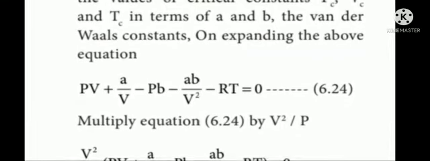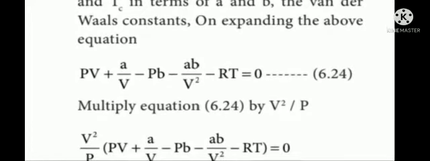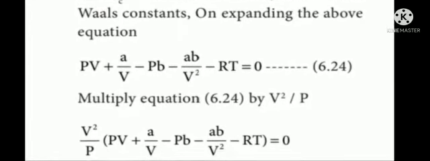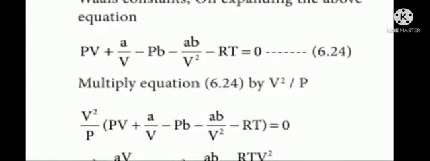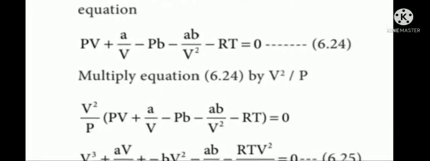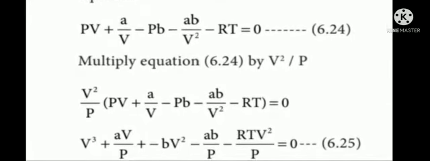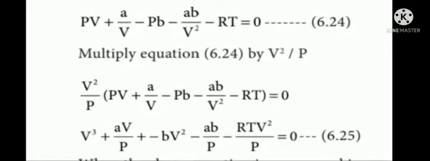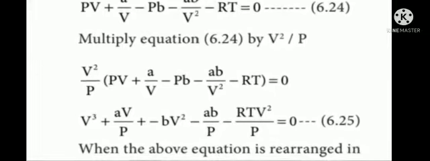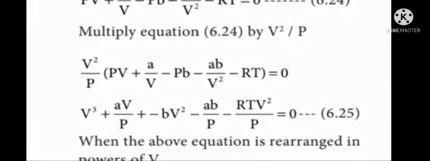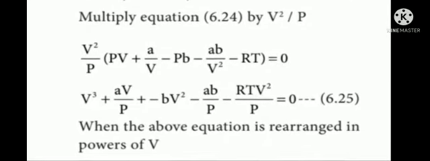Now, we have to multiply equation 6.24 by V²/P. Therefore, we will get V²/P into (PV + a/V - Pb - ab/V² - RT) = 0. After simplification, we will get V³ + aV/P - bV² - ab/P - RTV²/P = 0.